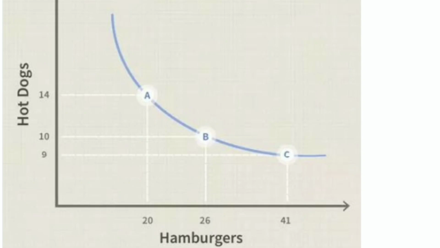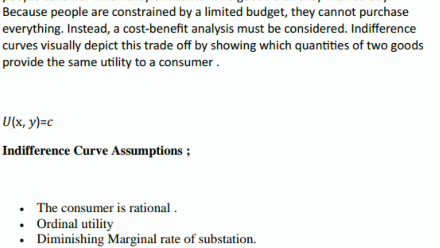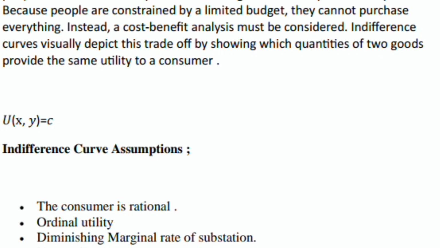Geometrically we write it as U equals utility, the satisfaction of the human being, X, Y equals C, consumer. Okay, so in the next class we will discuss the assumptions of indifference curve.